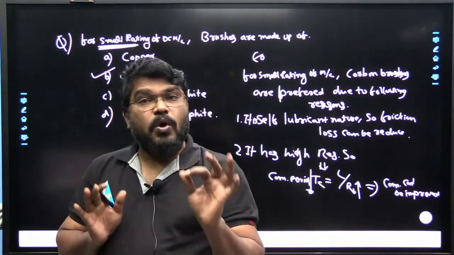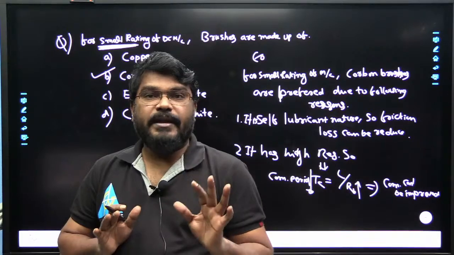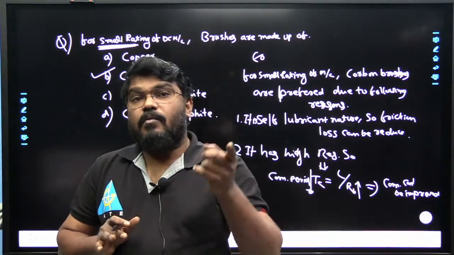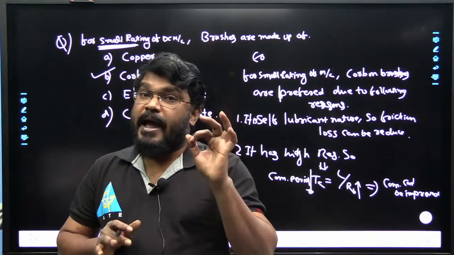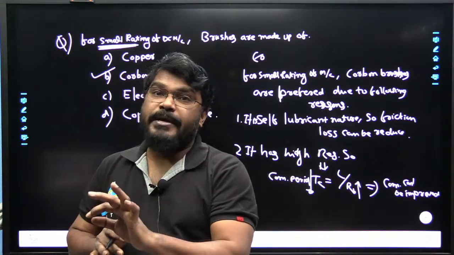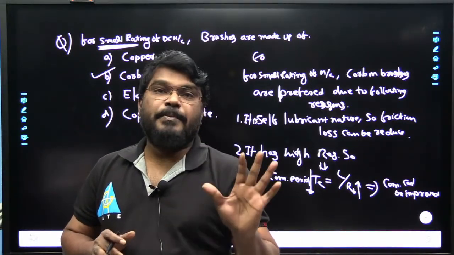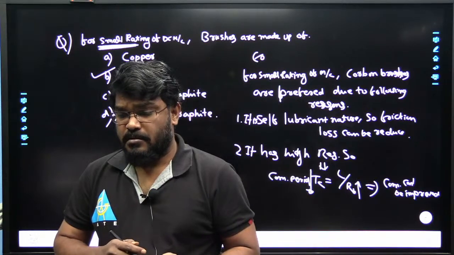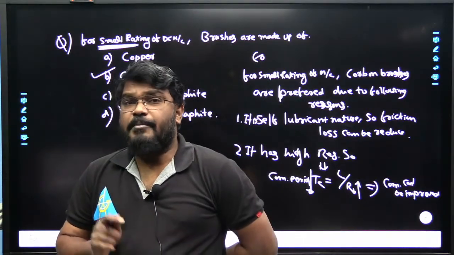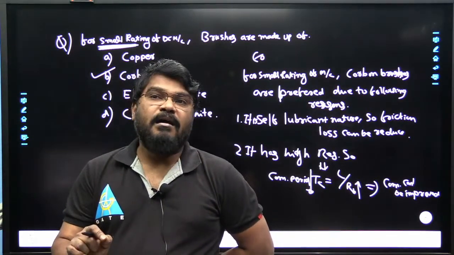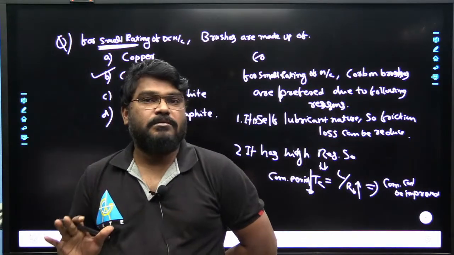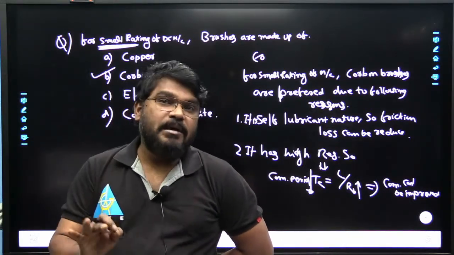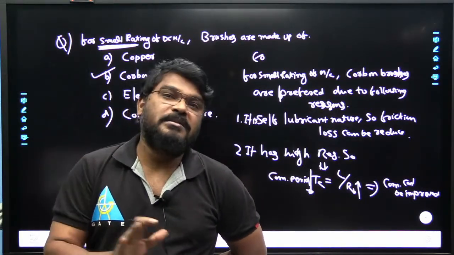Actually, voltage drop is more, definitely, but we can improve the commutation as compared to the drop, and commutation is more preferable. Commutation is the main criterion to design the DC machine, and stability is the main criterion to design the synchronous machine.